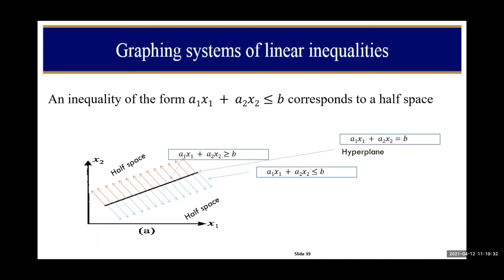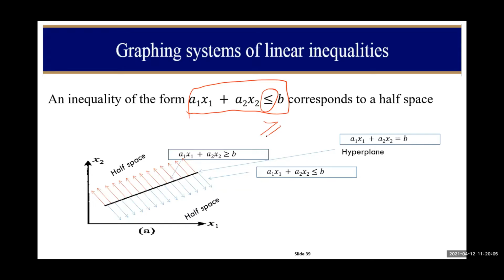Please note, an inequality in this form means that we have this sign here corresponding to half space. So that if I plot the graph and it is less than or equal to, it means that I am just on the straight line or below the straight line. If it is greater than or equal to, you are again on the straight line or above the straight line.